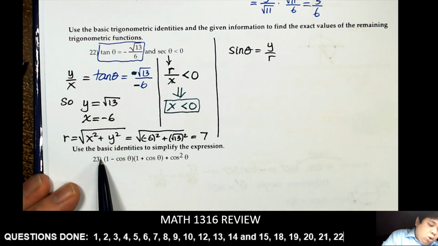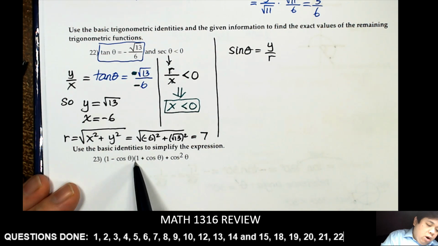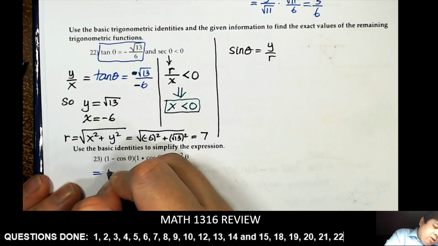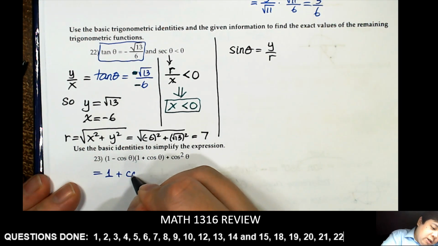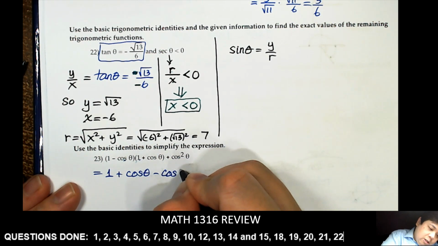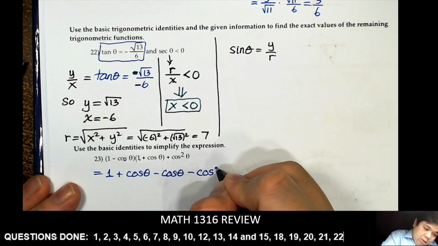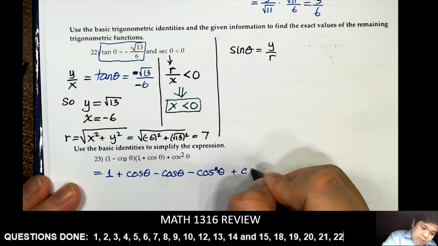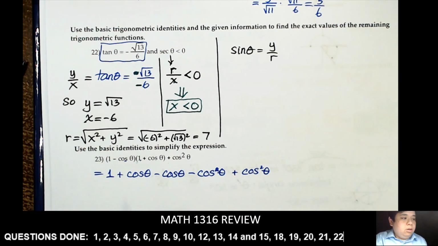From here we just have to multiply it out. 1 times 1 is 1. 1 times cosine, negative cosine times 1, negative cosine times cosine is cosine squared.